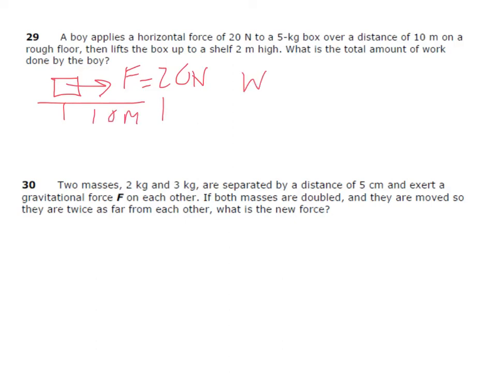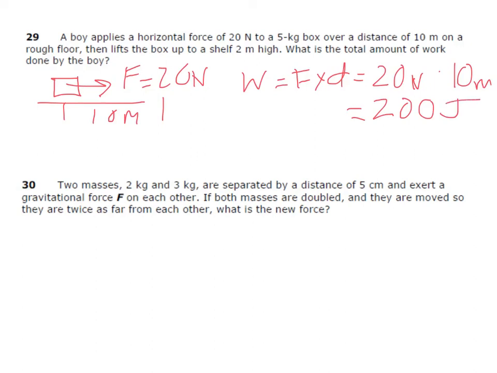Work is equal to force times distance, which means it's equal to 20 newtons times 10 meters, which means it's equal to 200, and the units for work are joules.